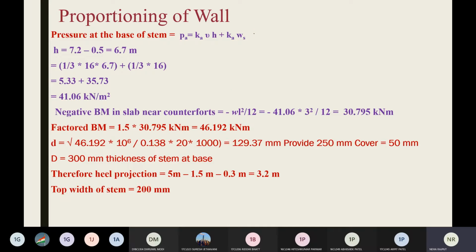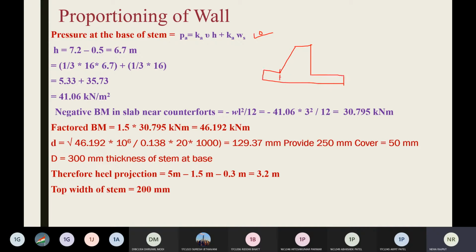Then this is the process given how to find the depth or the width of the stem part. This also I have explained in cantilever, that either you can choose the bottom width of the stem like this. This is your retaining wall.